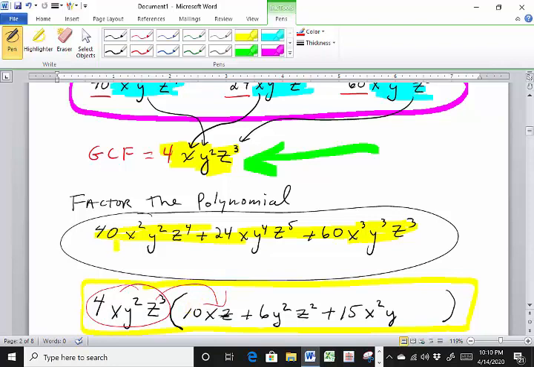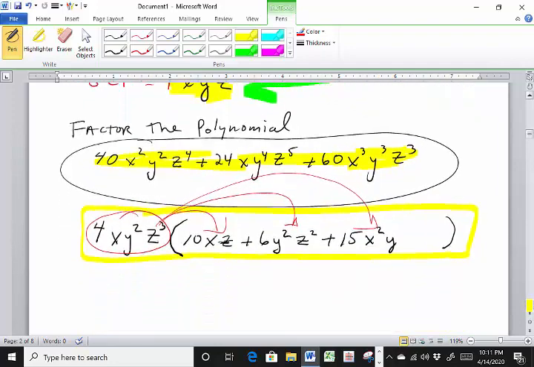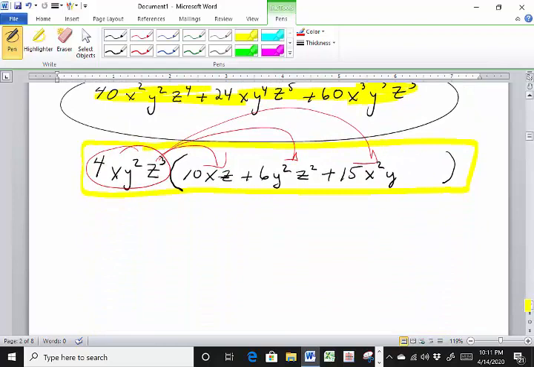Better give me 40x squared y squared z to the 4th. And this times this better give me 24x y to the 4th z to the 5th. And this times this better give me 60x cubed y cubed z cubed. Okay? And that's how you check yourself when you factor. You just multiply things out, and you better get your original problem back.